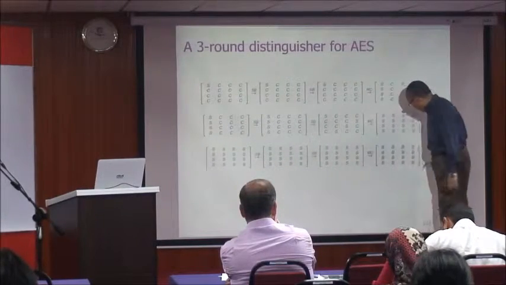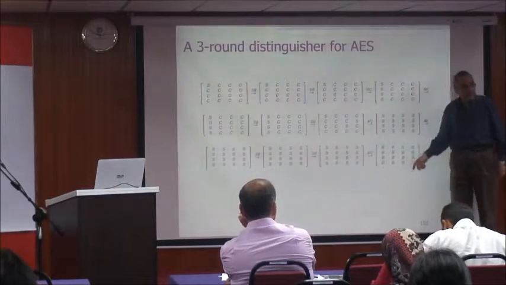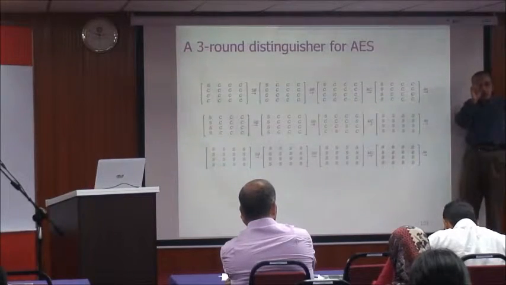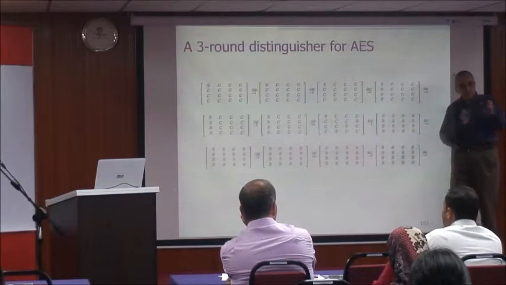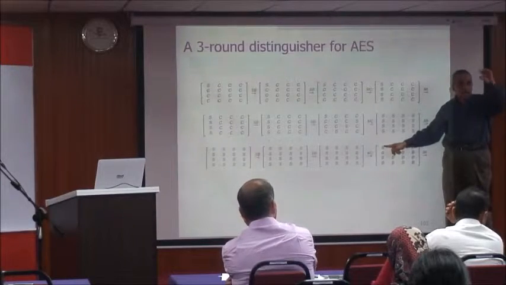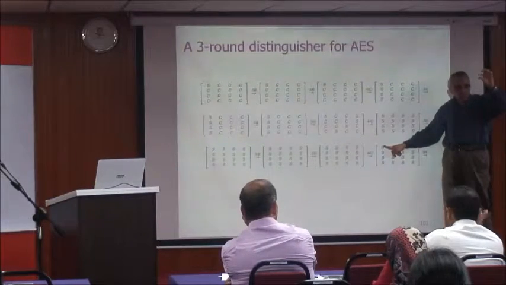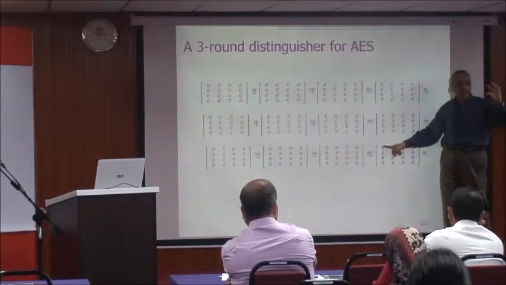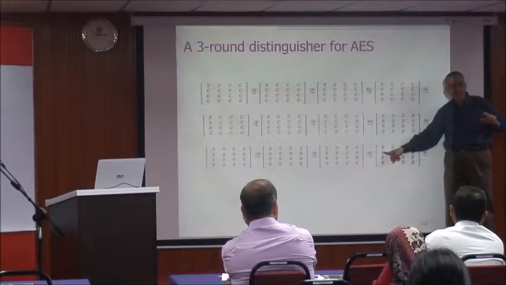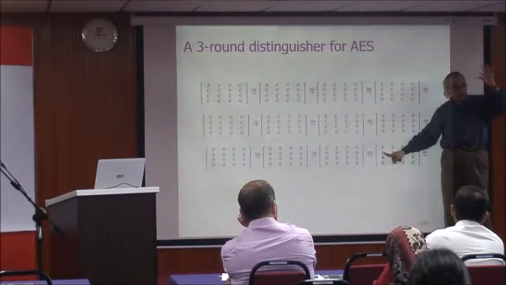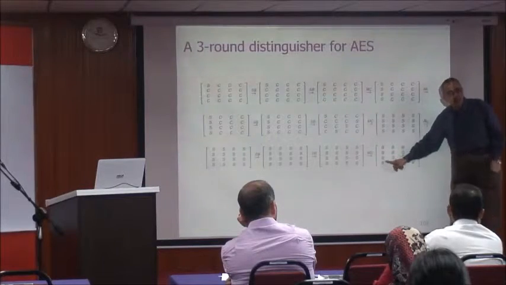If I observe the outputs of the third round and I add all the values of the bytes, so if I observe the first byte and I add all these values together, XOR addition, I should get a 0. Same thing for the second byte. If you add all the bytes that you are observing, you should get a 0, and so on.